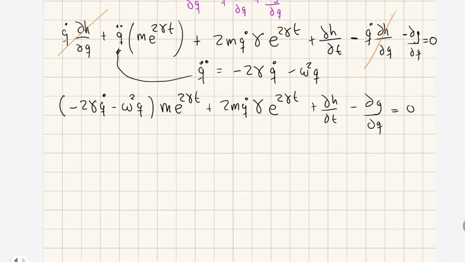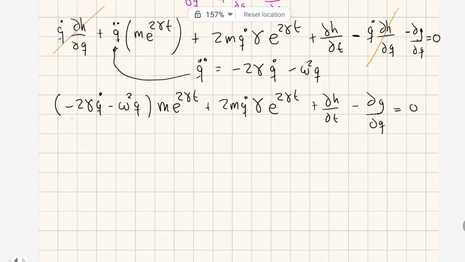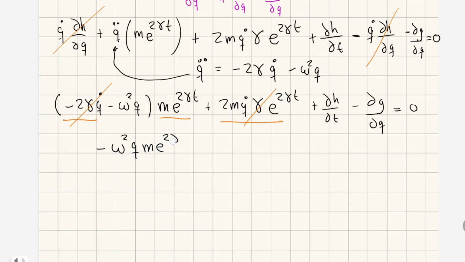Okay, look here that this term multiplied by this term and this term can be cancelled, because they are actually the same. We have minus 2 gamma q dot m and then plus 2m q dot gamma and then e to the 2 gamma t on both terms. So this cancels with this, and we are going to get that minus omega squared q m e to the 2 gamma t plus dh dt minus dg dq is equal to 0.